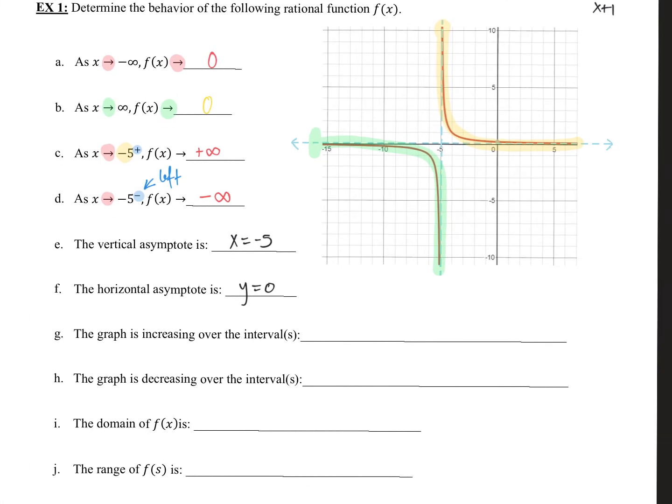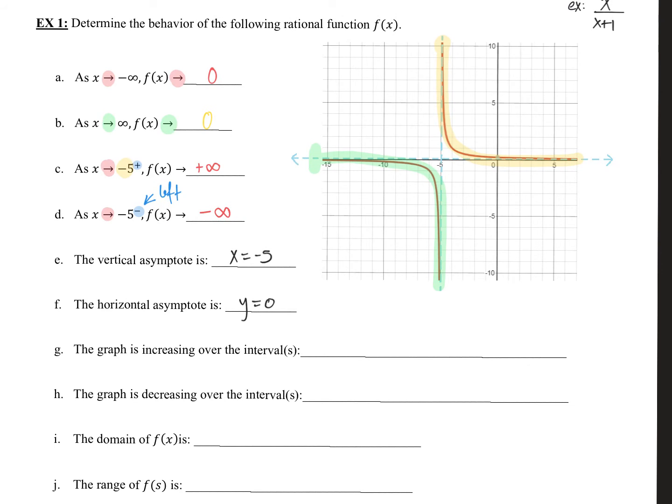So for G, it says the graph is increasing over which intervals? But notice, neither the green interval nor the yellow interval were increasing. So we would actually say none. The graph is not increasing over any of the intervals. Now for H, the graph is decreasing over which intervals?